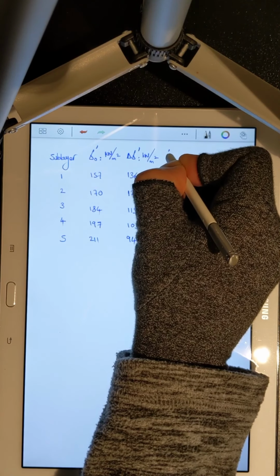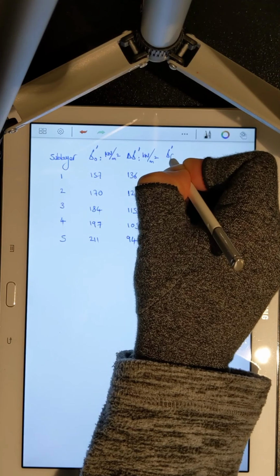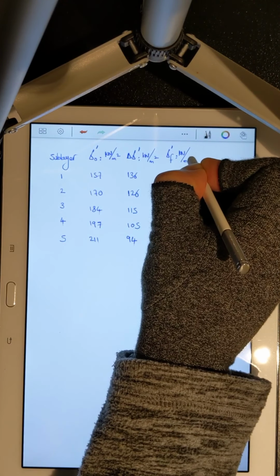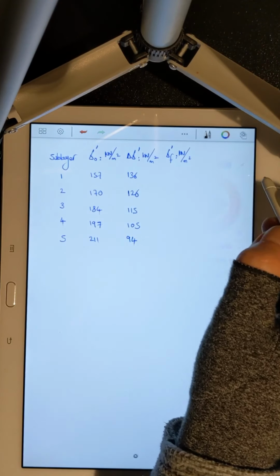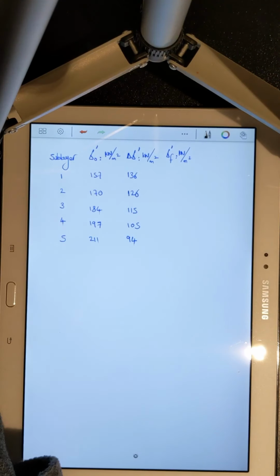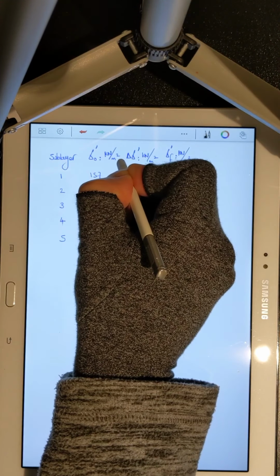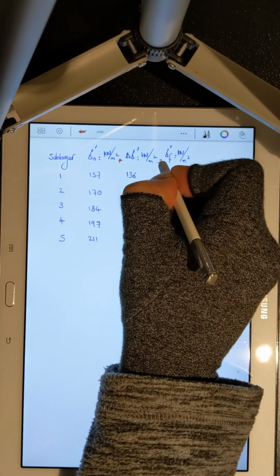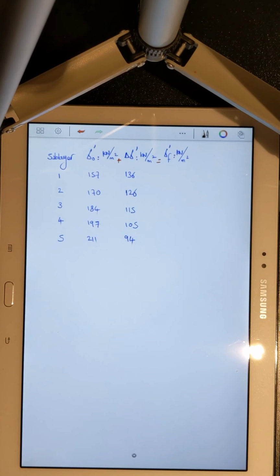So the final effective stress in the middle of each soil layers will be equal to the initial effective stress plus the change in effective stress.